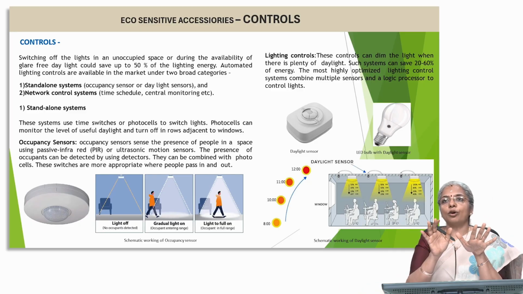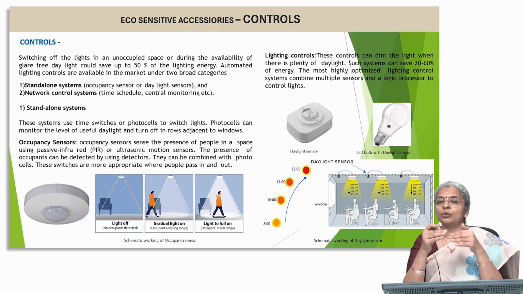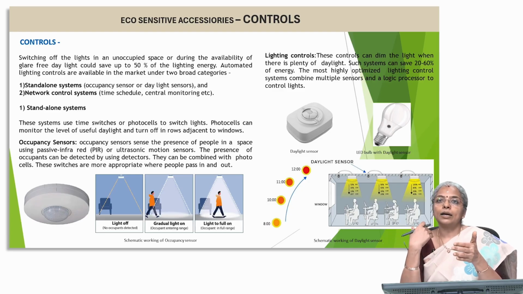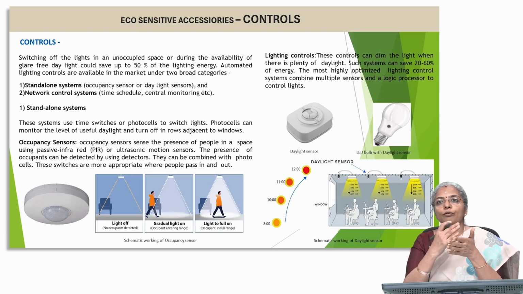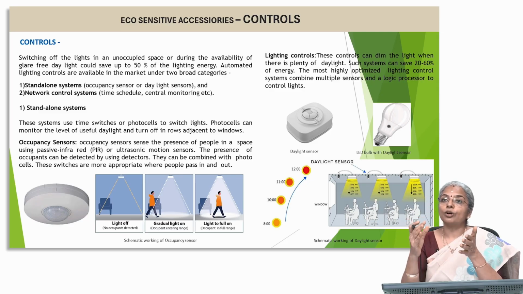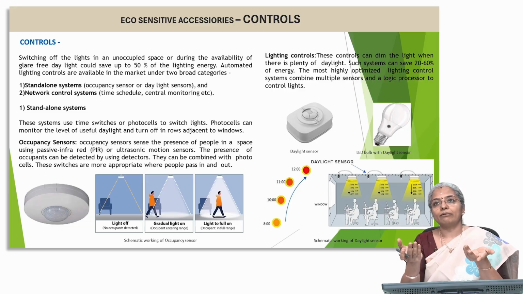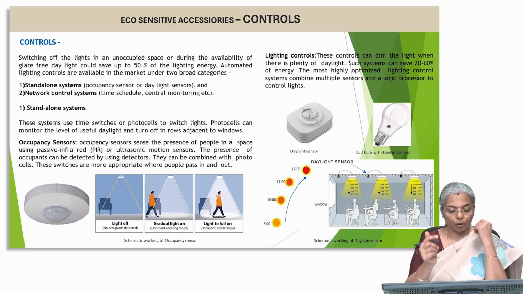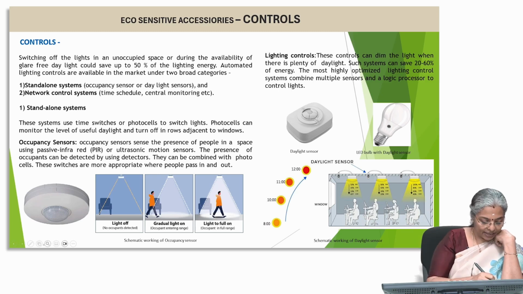Switching off the lights in a place where nobody is there, which is not occupied, or during the availability of glare-free daylight, could save up to 50% of your lighting energy.